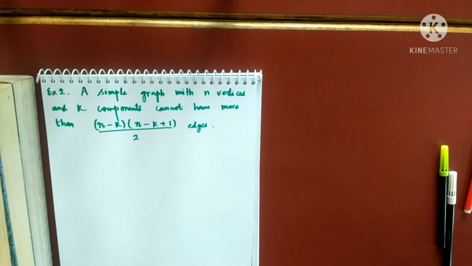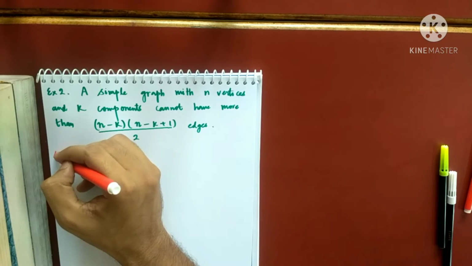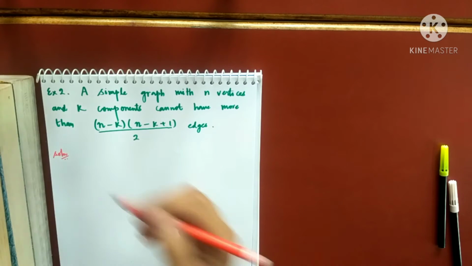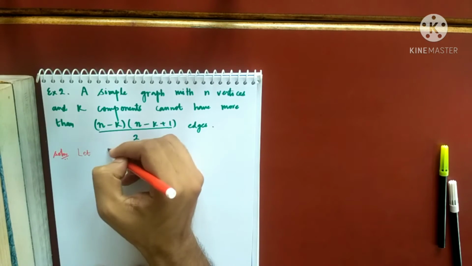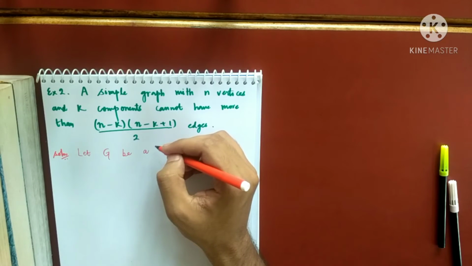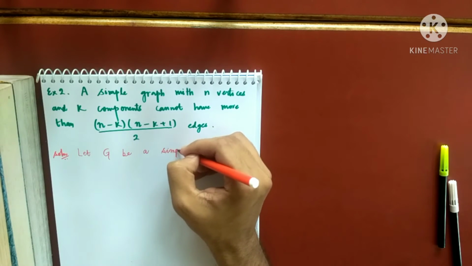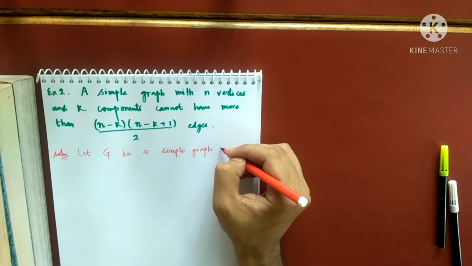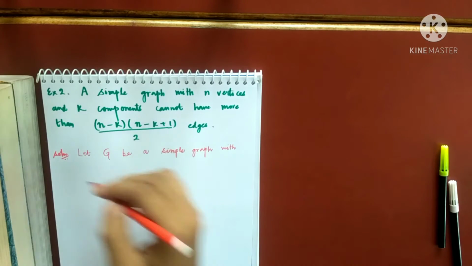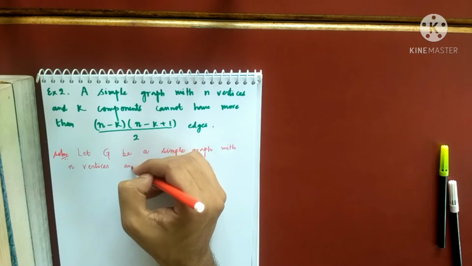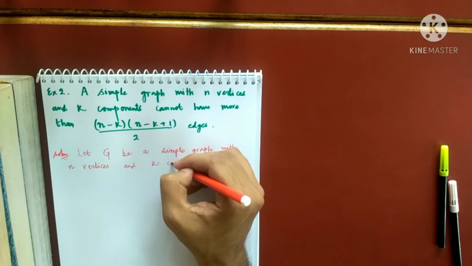So let's do the solution to this question. There are many facts that will be used here. Let me first frame it. Let G be a simple graph with n vertices and k components.